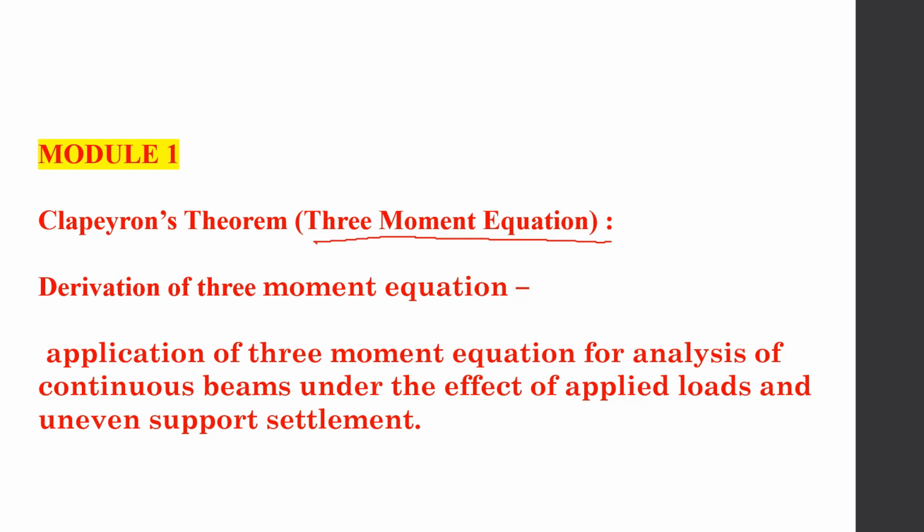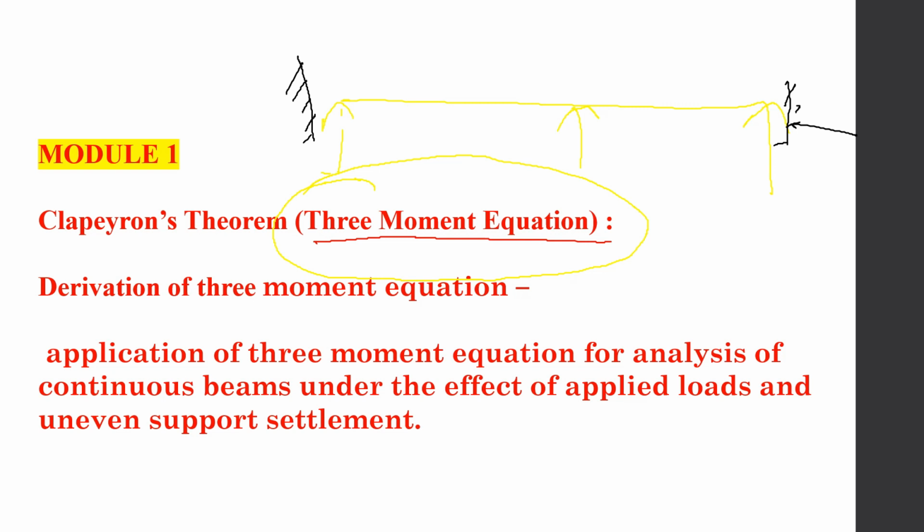Now, this is another method to analyze indeterminate beams, and this concept is mainly used for analyzing continuous beams. When a beam has more than 2 supports, you call it a continuous beam. For a continuous beam, you can have simple supports or fixed supports at the ends. Sometimes you may have an overhang also.